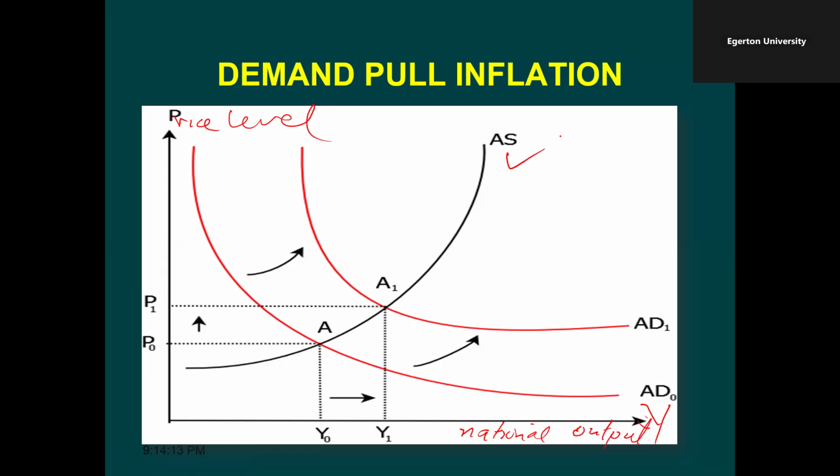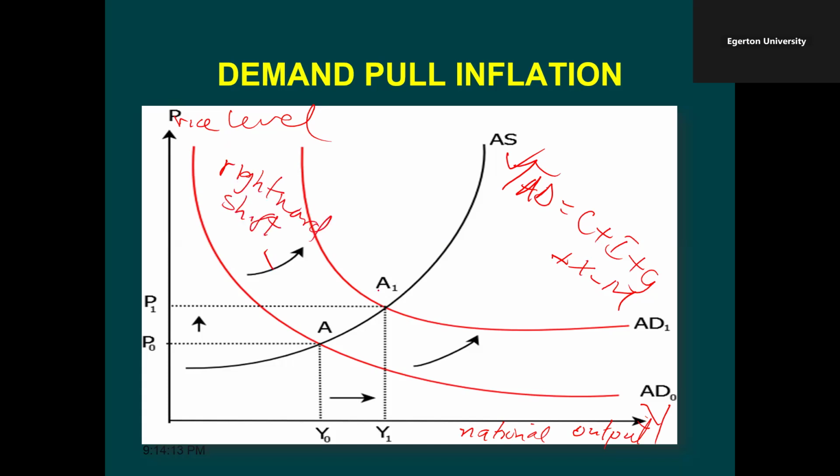So we are talking about demand pull inflation being caused by an increase in aggregate demand. And as we said, aggregate demand comprises those 5 components. If that is the case, any increase in consumption, investment, government expenditure, say exports, causes this rightward shift in the aggregate demand curve from AD0 to AD1, as you can see here.